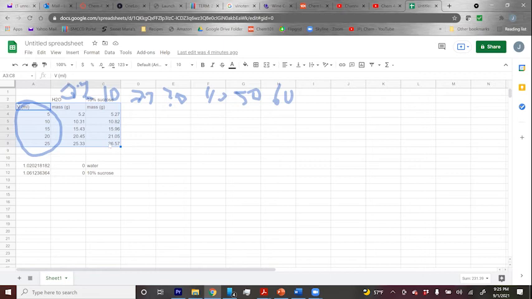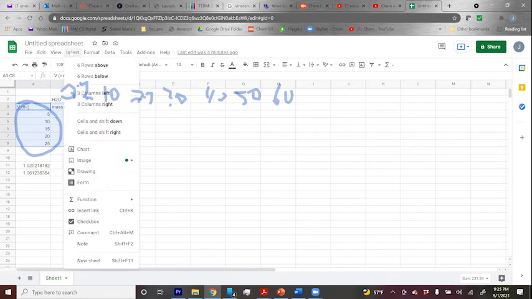Make sure that your x-axis is the very first column, and any additional columns after that will be considered y by the computer. Then we go over to insert and insert a chart.